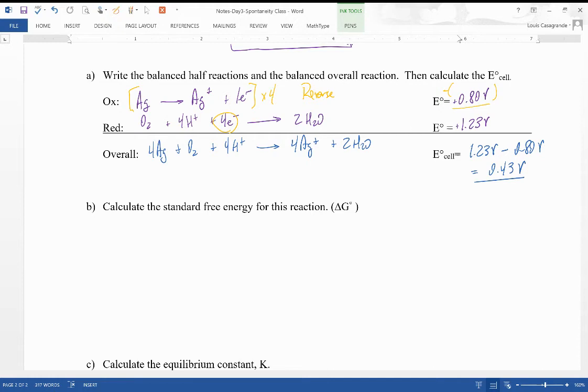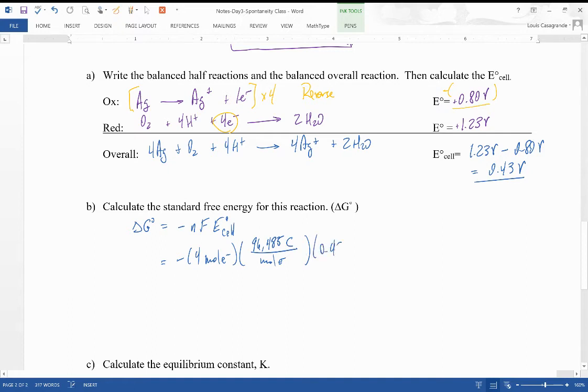So the standard free energy, delta G naught, for this reaction is -nF times the E naught for the cell, -4 moles of electrons times F, 96,485 coulombs, that should be a C, per mole of electrons, and 0.43 volts.